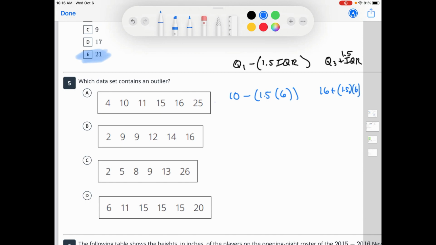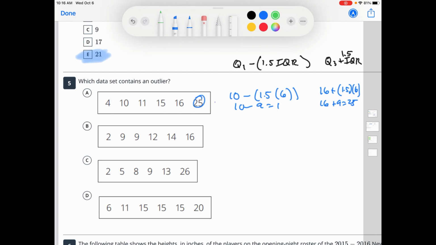So if I use my calculator, 1.5 times 6 is 9. So 10 minus 9 is 1, so I don't have any numbers outside of 1. And 16 plus 9 is 25.